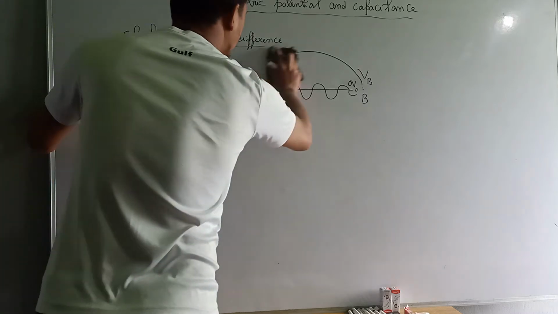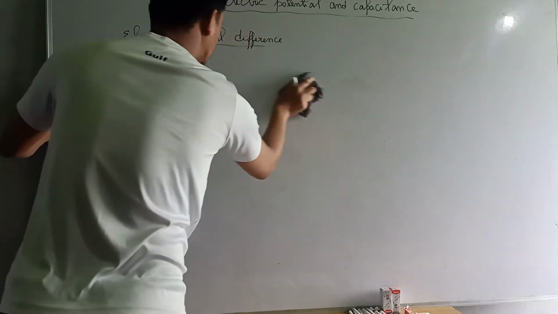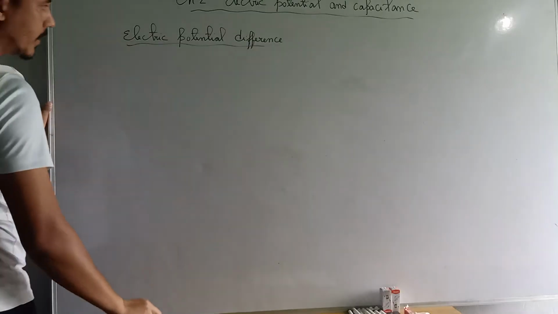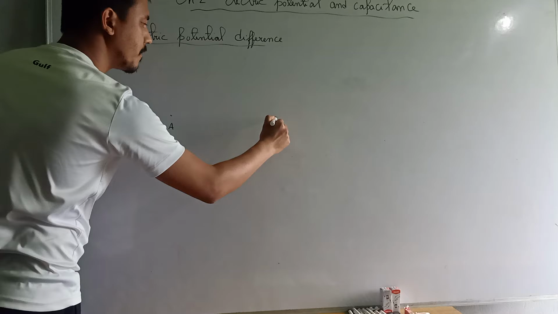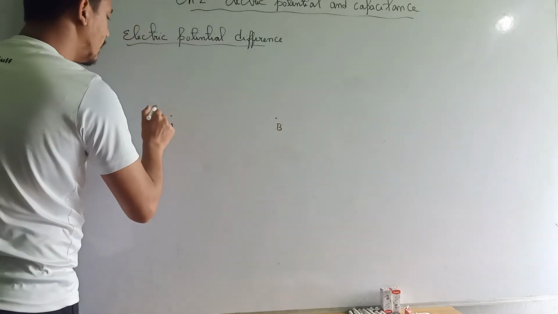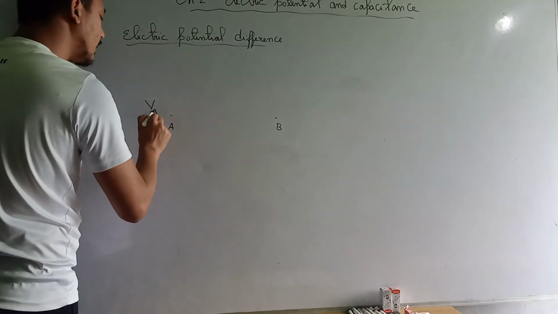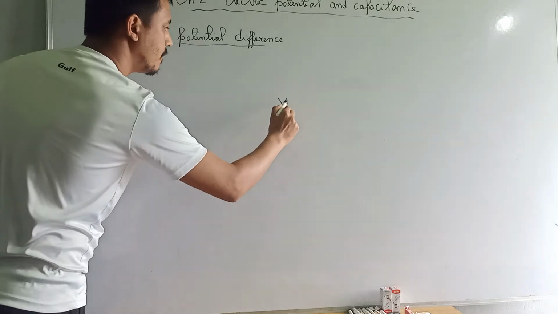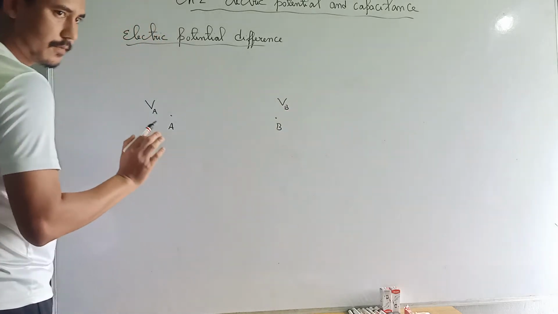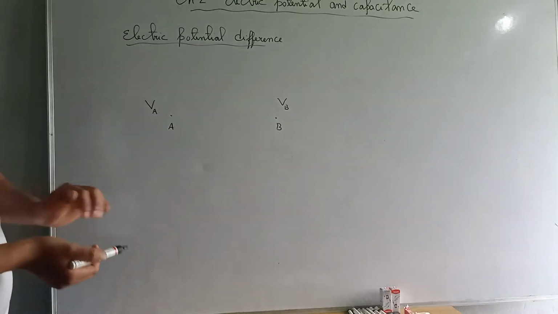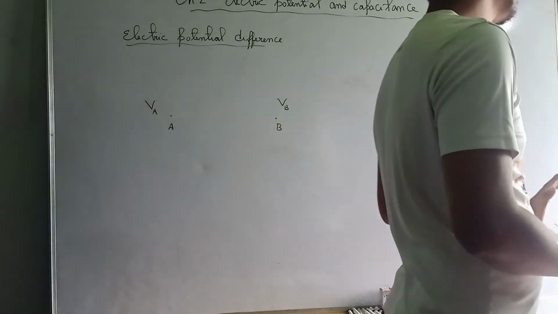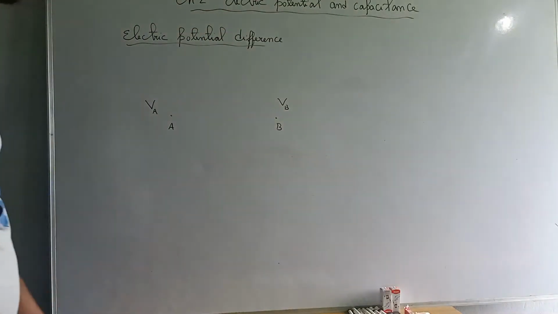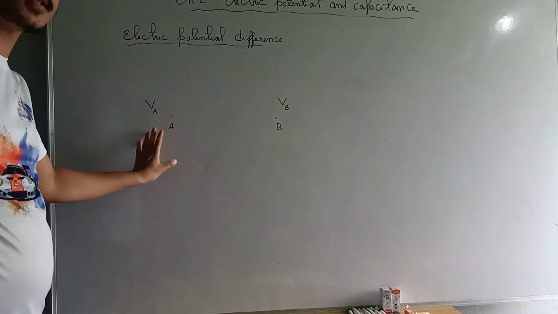So in order to define what is electric potential difference, I will repeat again. You consider 2 points A and B. Let VA be the potential at A, VB be the potential at B. If you take this B to an infinite distance, then we cannot determine its potential, alright? So make sure that they are at finite distance.